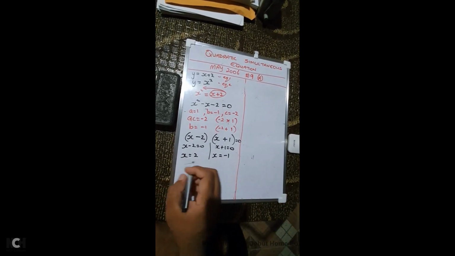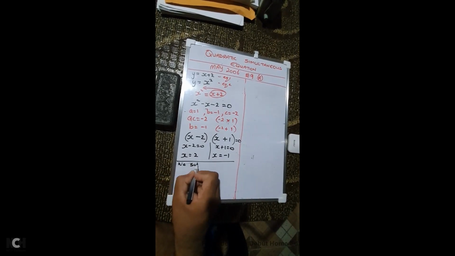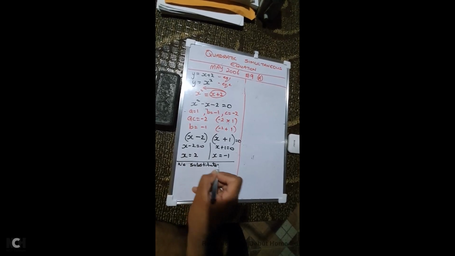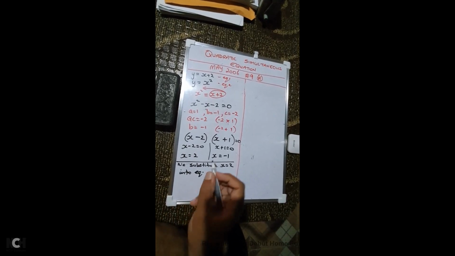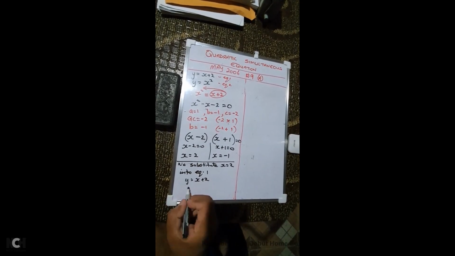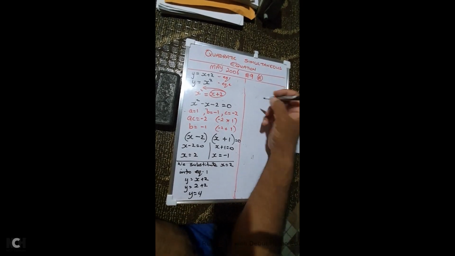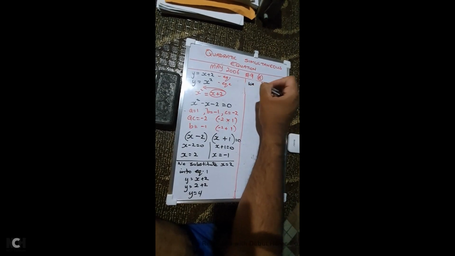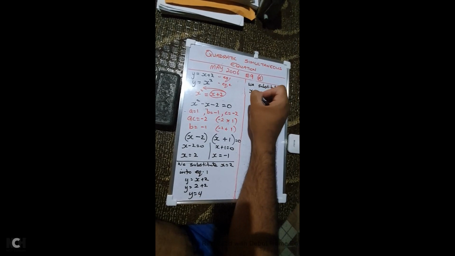So now we substitute x equals 2 into equation 1. It doesn't matter. So equation 1 is y is equal to x plus 2. So y is equal to the value of x, 2, plus 2. So y is equal to 4 in this case. Next, we substitute x equals negative 1.